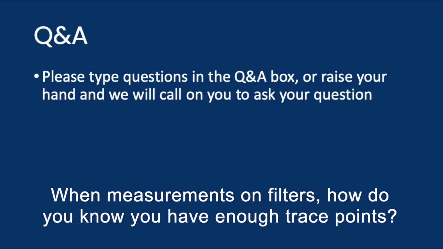Certainly over the pass band, you want enough points if it's a bandpass filter. But you're probably speaking more to the issue of that transition band. So a lot of times you need to make sure that your filter response is down 30 or 60 dB up to a certain frequency.